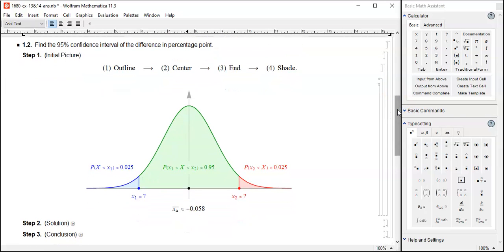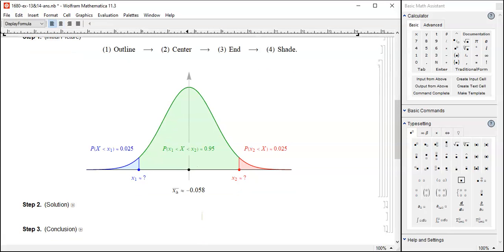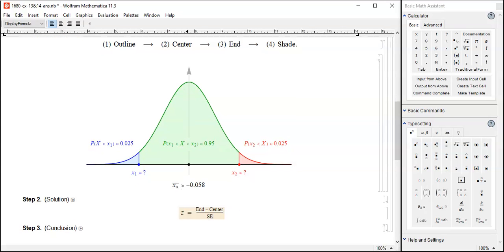Now that you got the picture, you'll have to find out the endpoints, right? x1 and x2. How do you do that? Here is formula number 1 that helps you. End minus center over SE. Let's make it a little bit bigger.